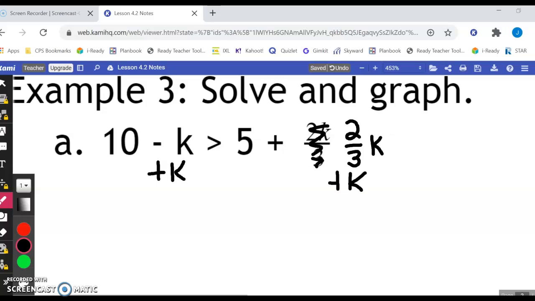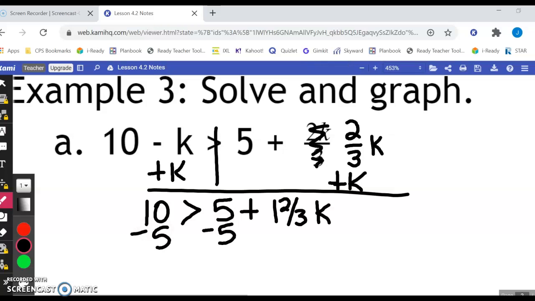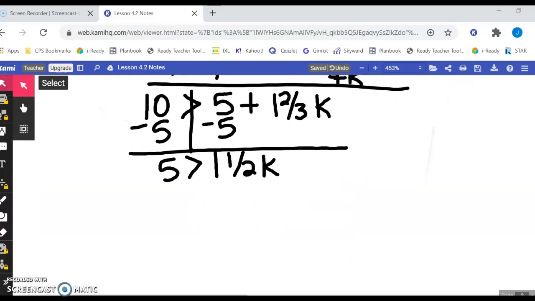I'm going to add 1k. So I have 10 is greater than 5 plus 1 2/3 k. Then I'm going to minus 5.